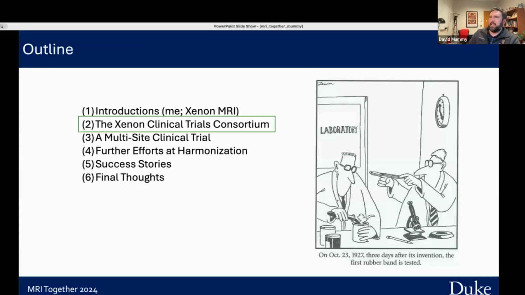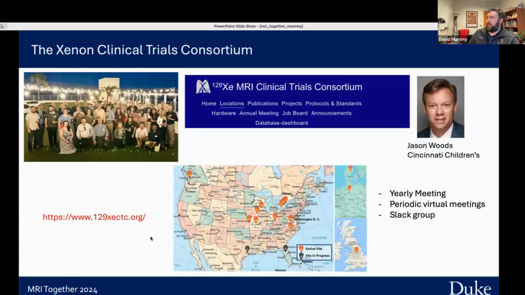So thus enter an entity called the Xenon Clinical Trials Consortium to try to rebuild that Tower of Babel. And this was instituted in 2015 and is spearheaded by Jason Woods at Cincinnati Children's Hospital. And here's a map of the current sites involved in the consortium.